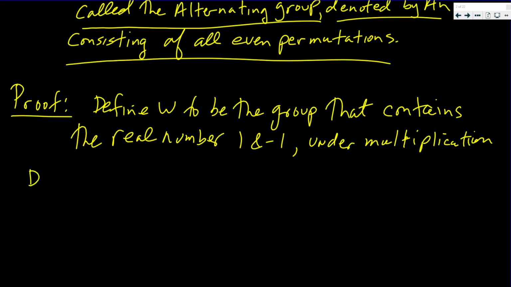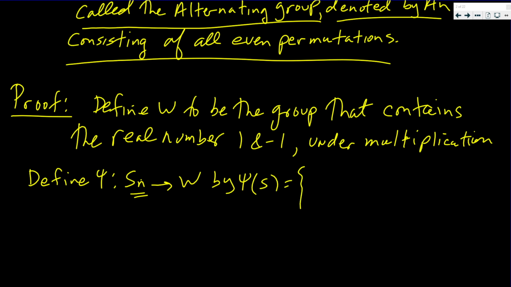Now we're going to define a mapping. We're going to define phi that goes from S sub n to this set W by phi of S, where S is in Sn. It is a permutation on n objects, and phi of S is going to be 1 or negative 1.